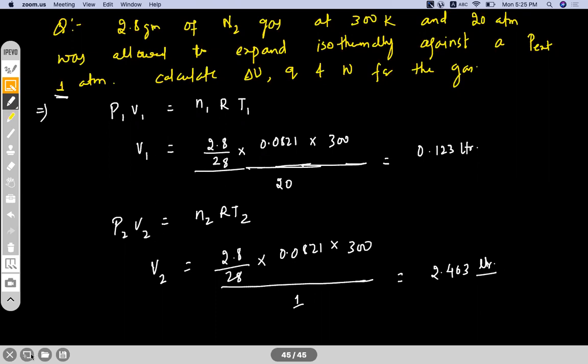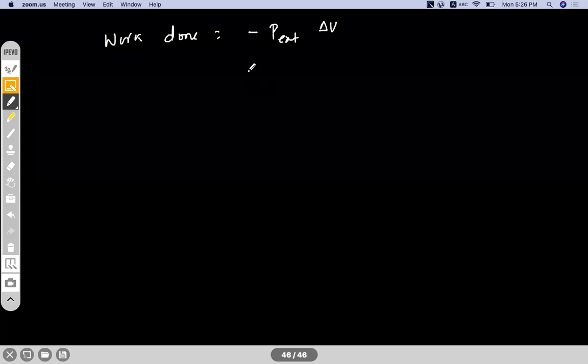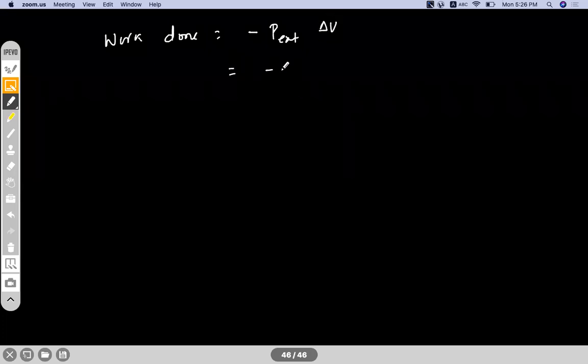So what is the work done in this process? Could you tell me? Work done is minus P external into delta V. Minus P external we have, that is 1. Delta V is 2.463 minus 0.123.